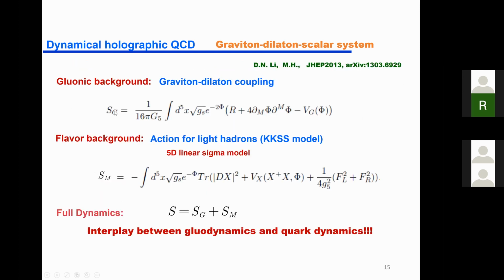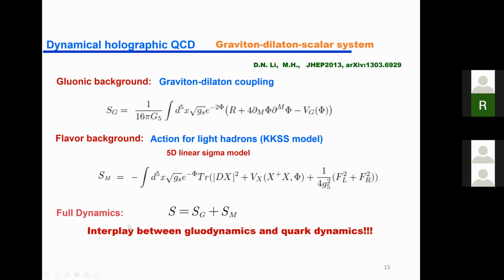Okay, so we first construct the gluon dynamics. This is the gluon background, described by the dilaton field phi. With this, we then add the hadrons or matter fields, including scalars and vectors, on the background of this gluon background.